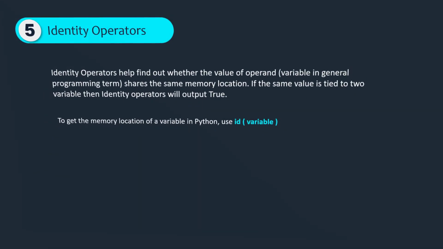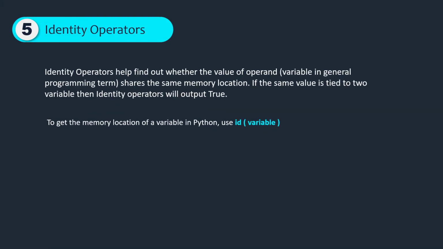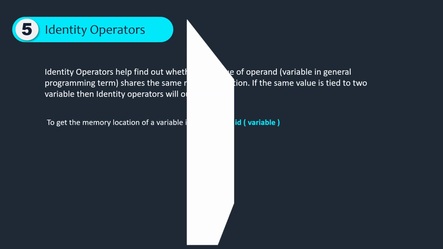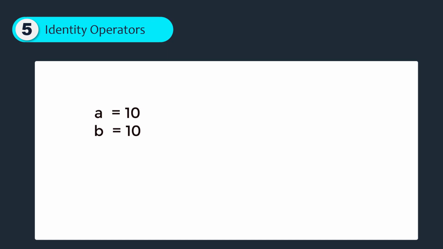Okay, moving ahead, we have the identity operator, the fifth one. Identity operators are basically used to check whether the variables that you have declared share the same memory. If a equal to 10 and b equal to 10, then the value of both a and b is 10.